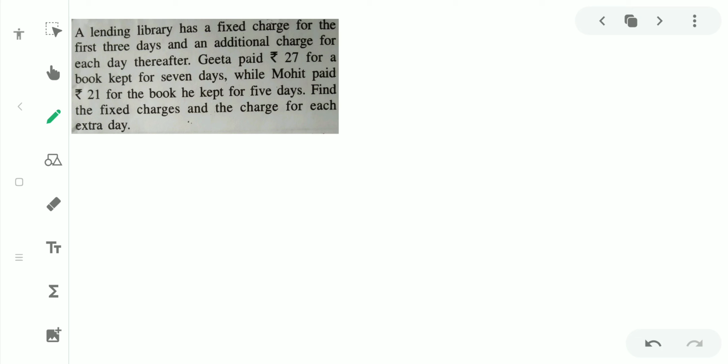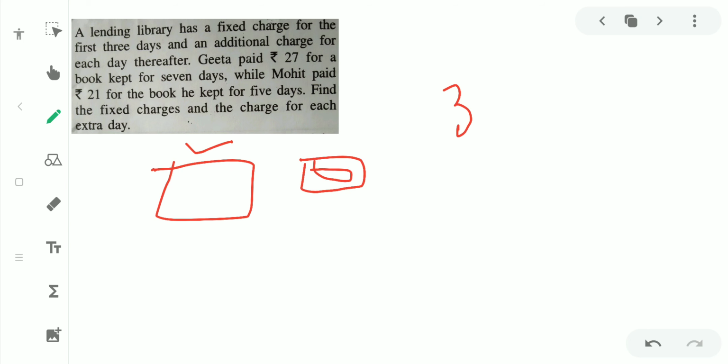I'll first explain the case. A lending library shop is there. If a book is bought from that library for 3 days, for the first 3 days it has some charge. Let us take 2 rupees.